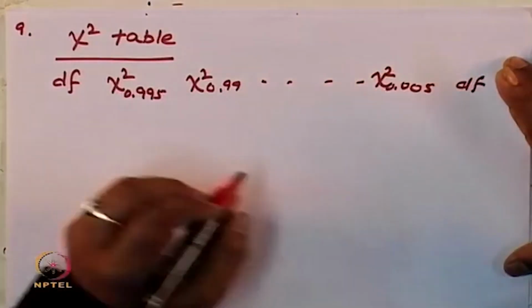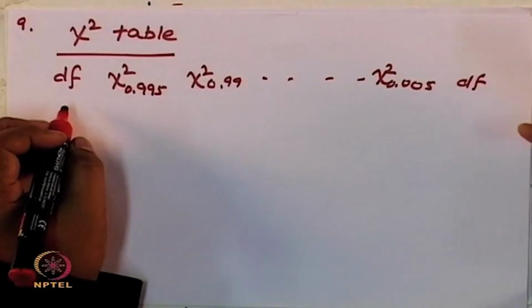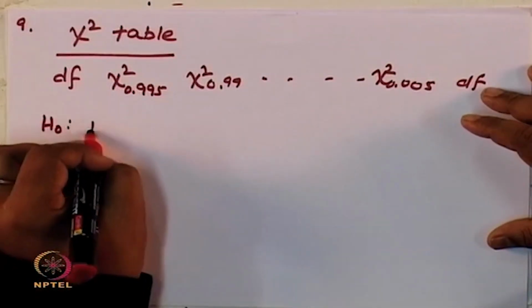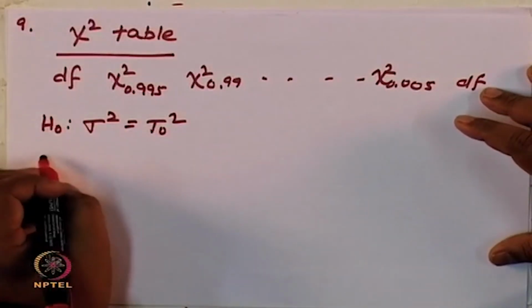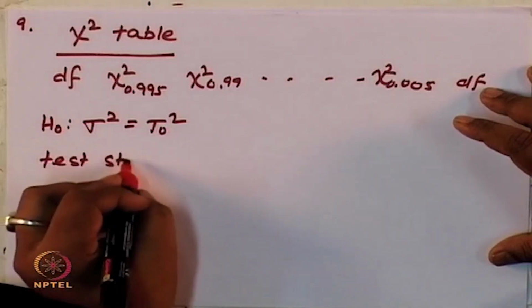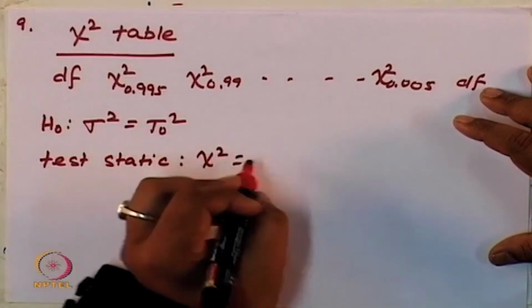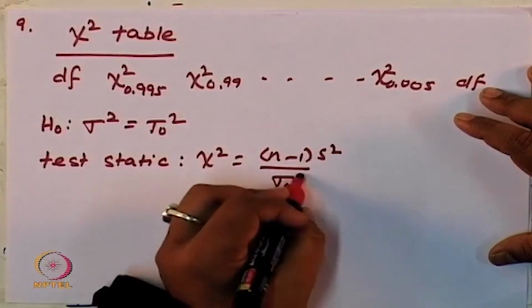Again df. Okay. So, if you want to test whether your population variance is a certain value, you can have your null hypothesis as sigma square equal to sigma naught square, and you calculate the statistic. So, your test statistic is chi square equal to (n minus 1) into s square by sigma naught square.